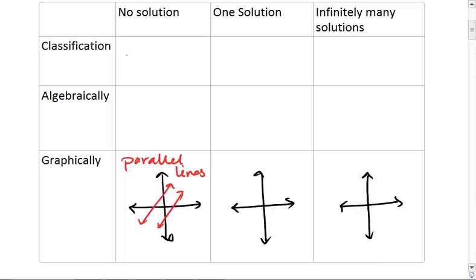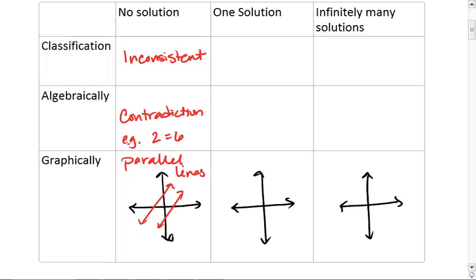This is considered to be an inconsistent solution. And algebraically, what we'll see is a contradiction. For example, we might get 2 equals 6. So we call it inconsistent. It will appear as a contradiction algebraically, and graphically we'll get parallel lines.